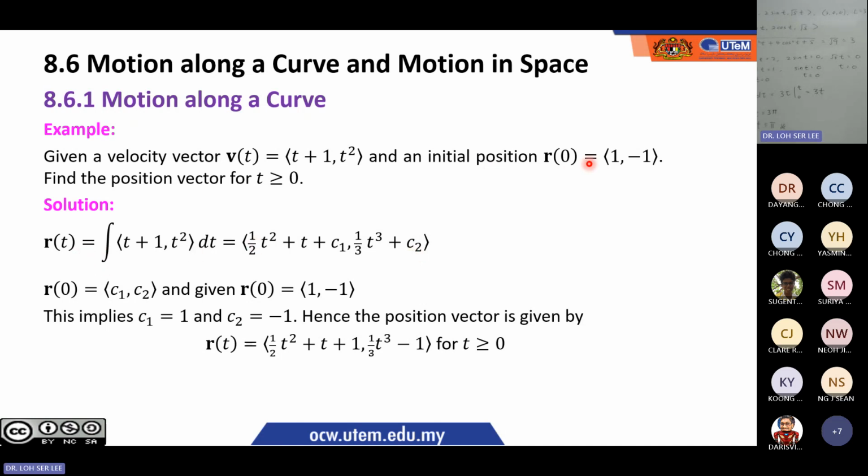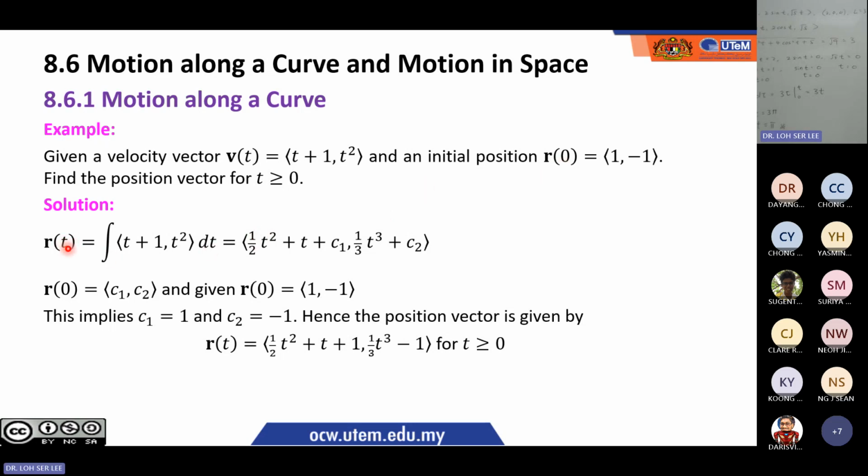Okay, now you are given r0. Okay, this is your r. So when you substitute 0 into t, you get c1, comma, c2. Okay, you get only c1 and c2 when you substitute 0 into here.